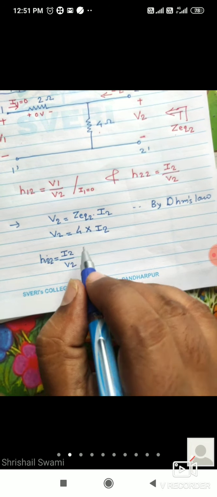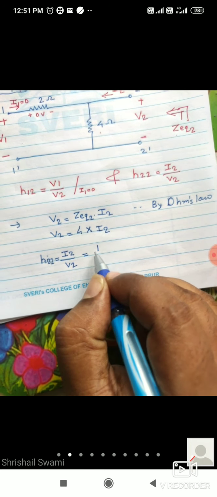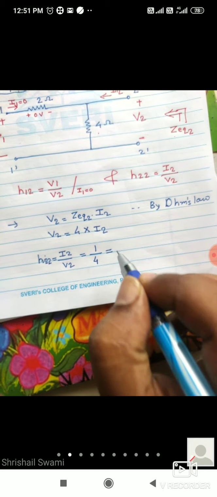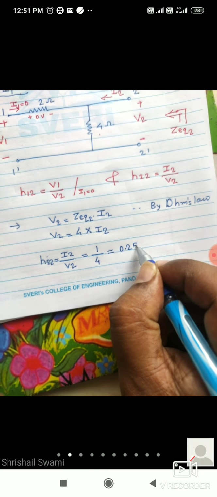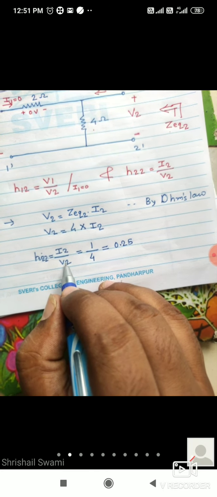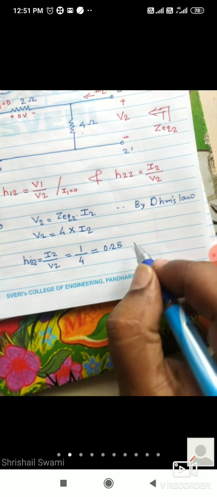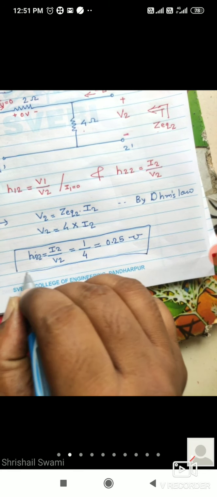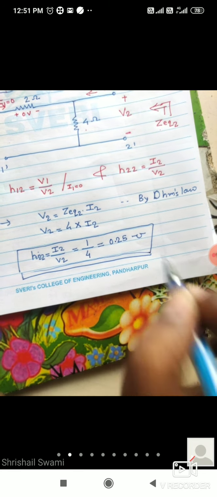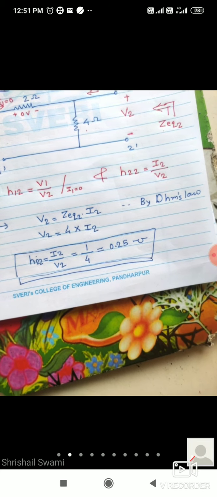So H22 is equal to I2 upon V2, which is equal to 1 by 4, that is 0.25. I2 upon V2 means admittance, so 1 upon 4 mho or 0.25 mho. Whatever, you can keep 1 by 4 or 0.25 also. So this is the answer of the third parameter, that is H22.